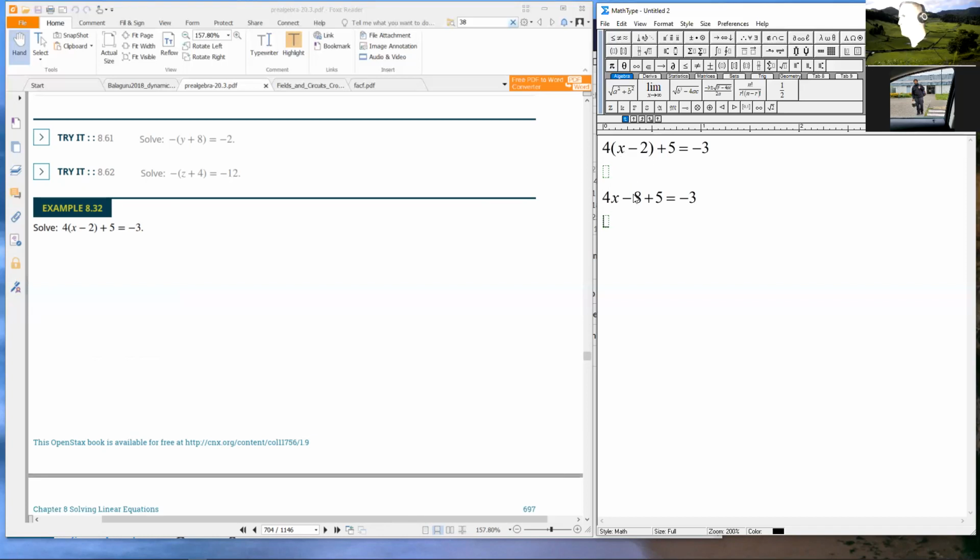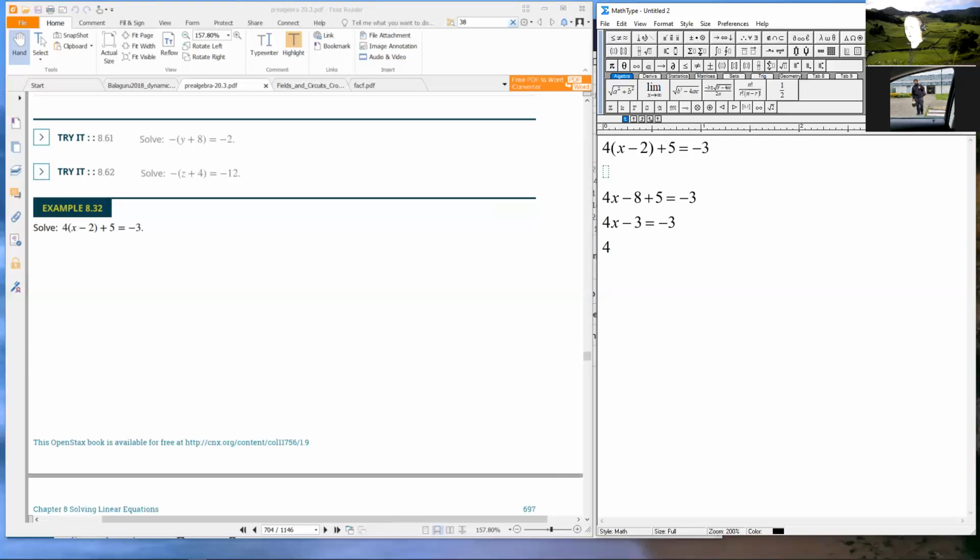So now we can combine minus 8 and 5 to get minus 3. So we're going to get 4x minus 3 equals minus 3, right? So now we can add 3 to both sides.